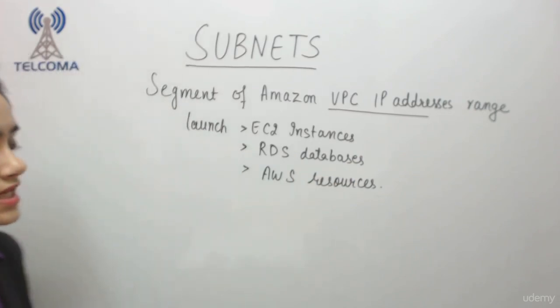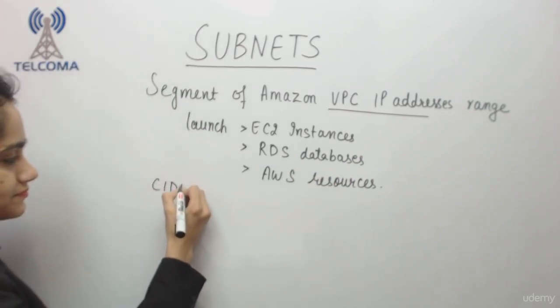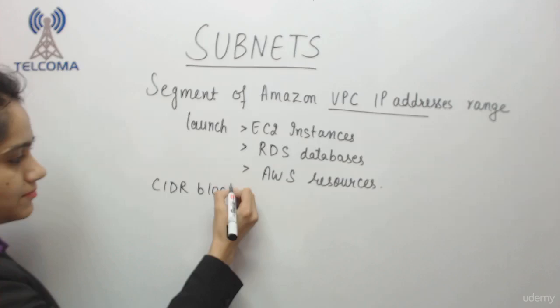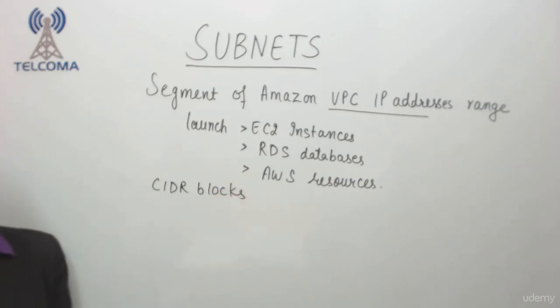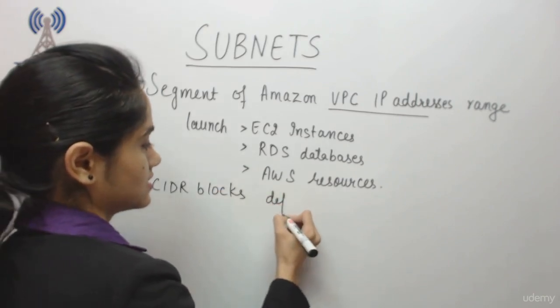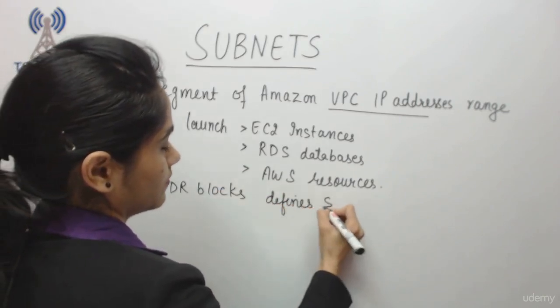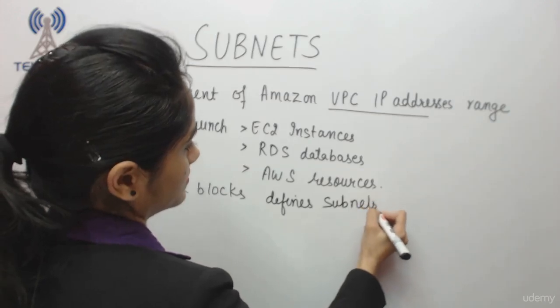Now we have CIDR blocks. In the previous class we discussed these blocks. This CIDR defines various subnets.